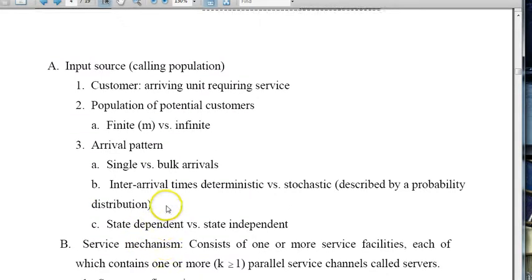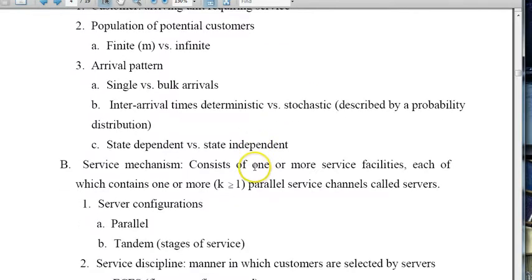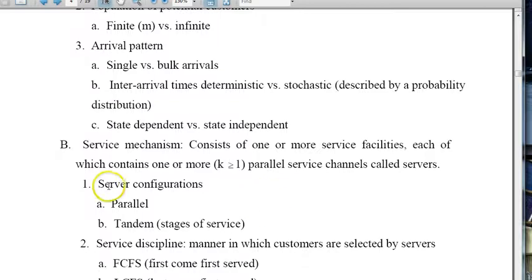The service mechanism, talk about the service mechanism here, which consists of one or more service facilities, each of which contains one or more parallel service channels called servers. So server, if I have a bank teller, I can have a single teller, that would be a server.